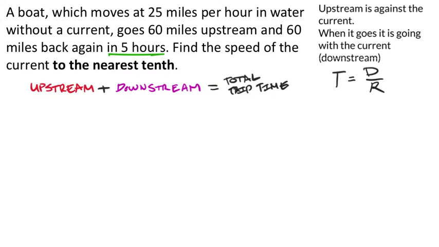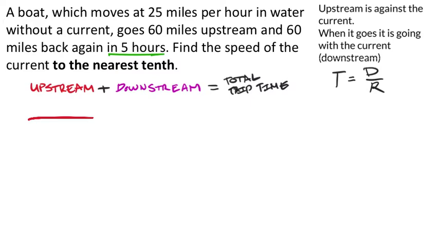And again, how do I know this is time? It's because it gave us the total trip in time. Okay, so I'm expecting my upstream time and my downstream time, but it's in relation to your distance and your rate, okay? So if I look at your upstream time, your upstream time is distance over your rate.